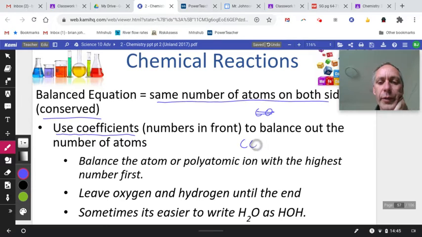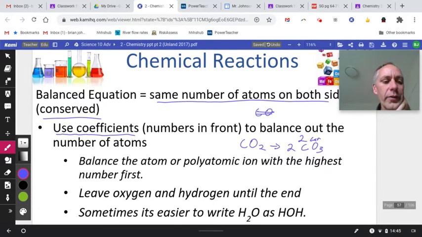Let's say, for example, we had CO2 and you needed 2 carbons to balance it. So it was CO2, and then on this side it was 2 CO3s. So how do I get 2 carbons?